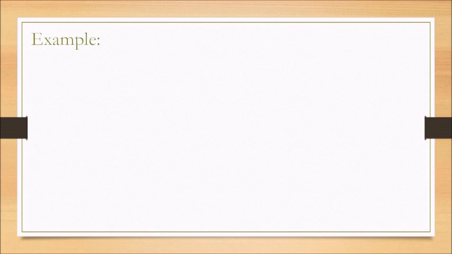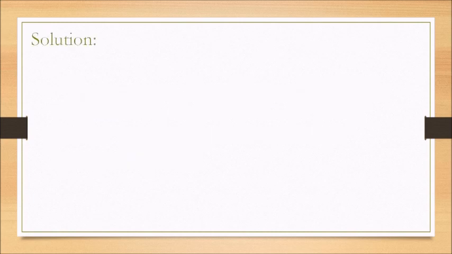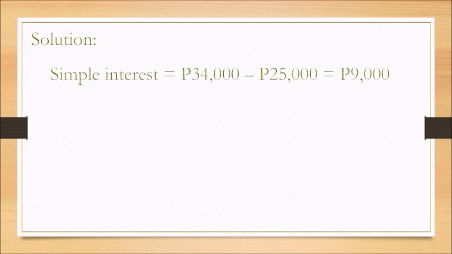Another example. To save money, Ronald invested 25,000 at 8% per annum, simple interest. How long will it take the money to reach the target amount of 34,000? Okay, so solution.